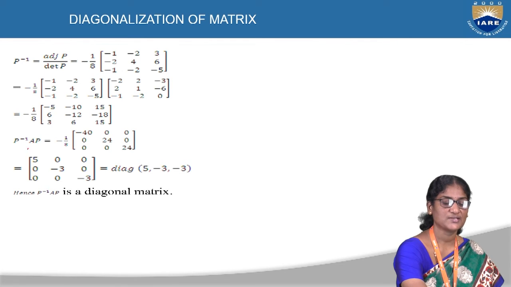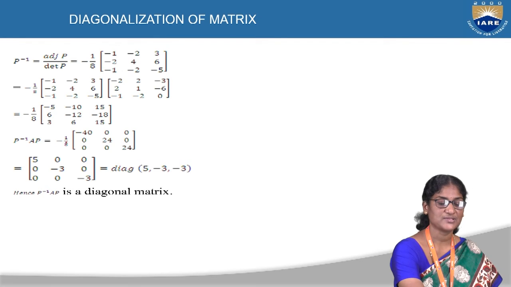So we are going to get P inverse AP, upon calculation, equal to -1 by 8 times the diagonal matrix with elements -40, 0, 0; 0, 24, 0; 0, 0, 24. Divide each and every element by 8, and we get 5, 0, 0; 0, -3, 0; 0, 0, -3.